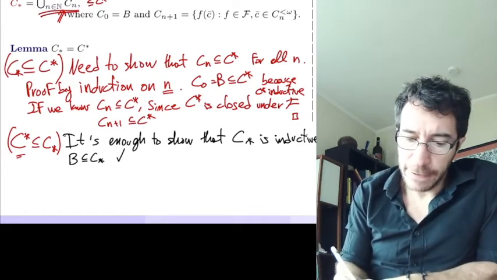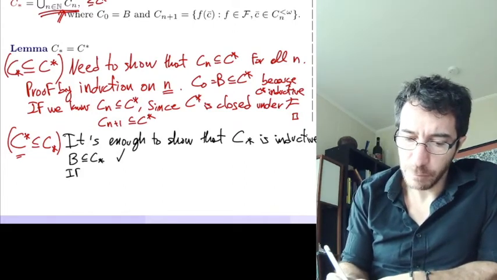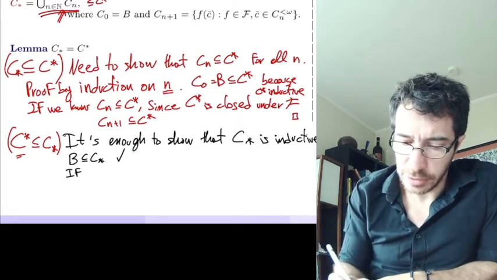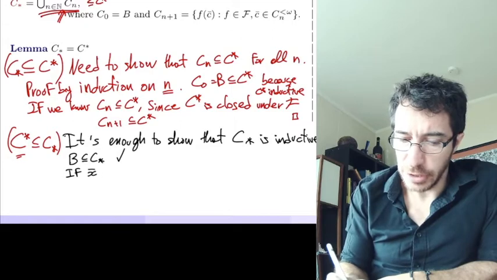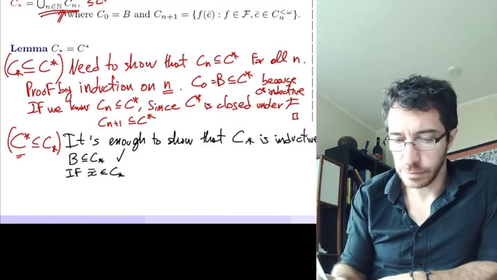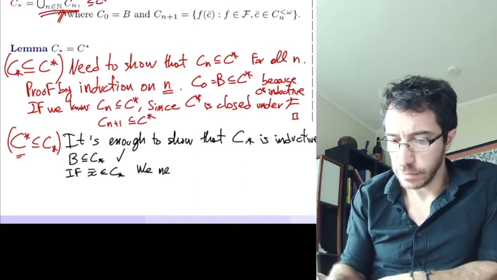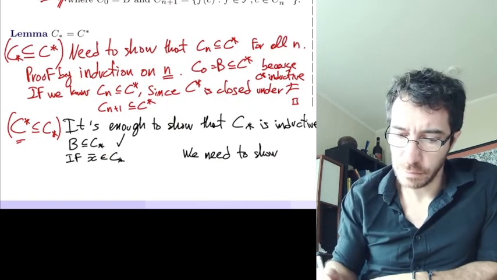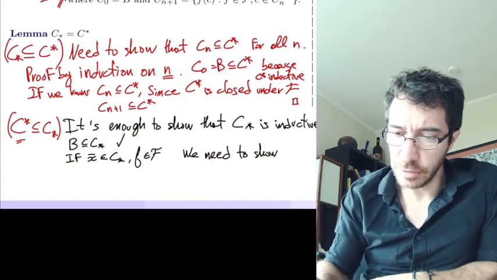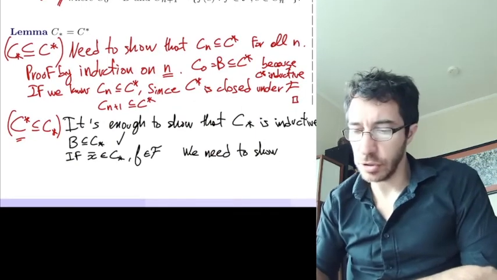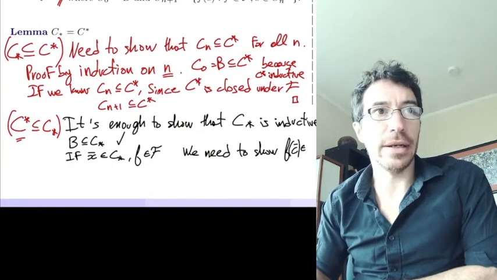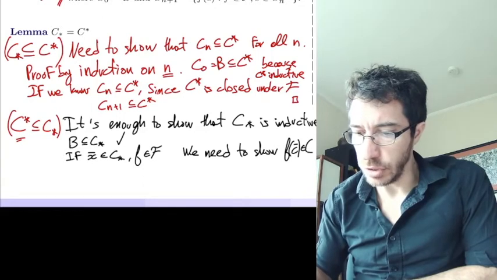And now if we have a tuple, let's call it something else, let's not call it little c because there are too many c's. Let's call it x, which belongs to C bottom star, and f belongs to capital F. We need to show that f of x belongs to C bottom star.